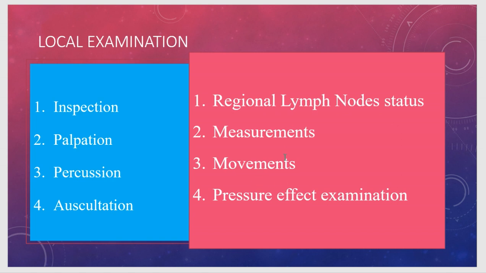Sometimes these swellings can exert pressure and they may get involved the surrounding or the nearby nerves. So pressure effect should also be looked for. So these are the broad 8 groups under which we are going to perform our local examination.